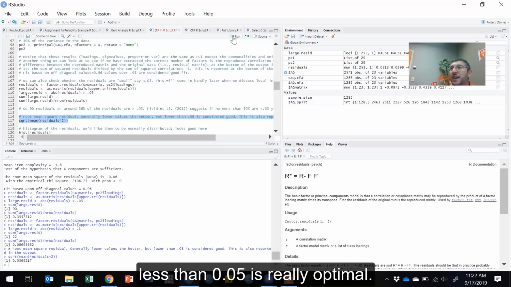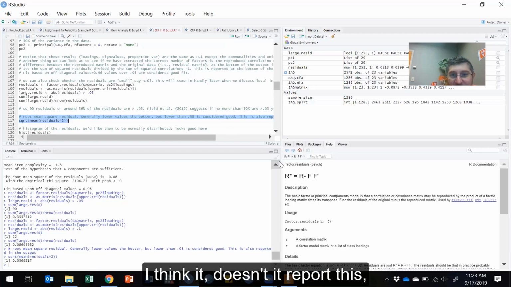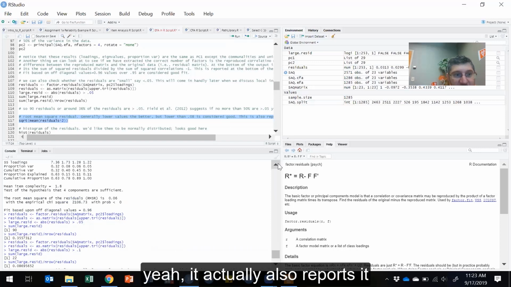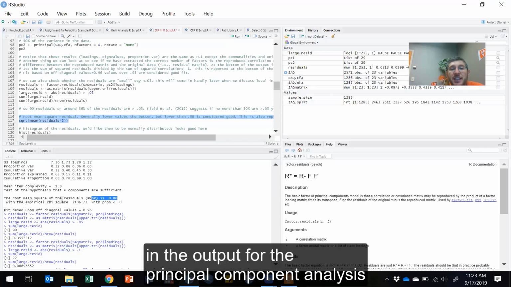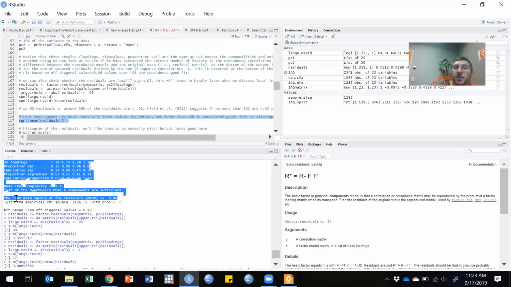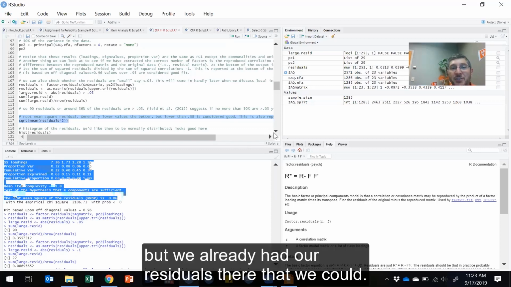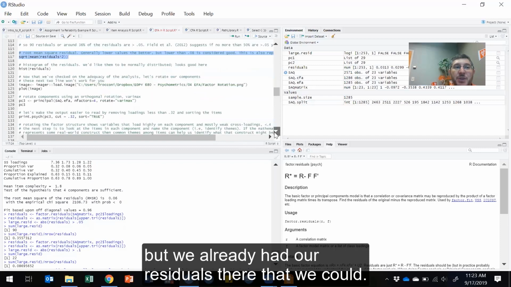Less than 0.05 is really optimal. Ours is a little above 0.05, but it's probably okay. I think doesn't it report this? Yeah, it actually also reports it in the output for the principal component analysis, so you don't have to calculate it by hand, but we already had our residuals there that we could use.